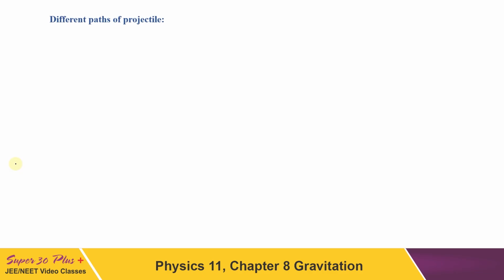Now this is a very important and very interesting topic, which is different paths of a projectile. We are going to see what path is taken by a projectile if it is taken to a height h above the Earth's surface and then given a velocity v.